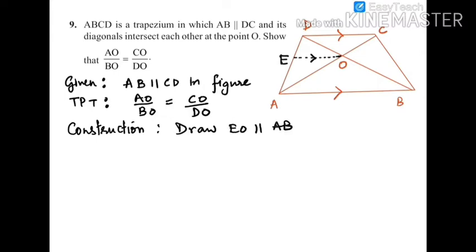So now look at this triangle ADB. In this triangle we have EO parallel to AB. I am going to separate this triangle from the figure so that applying basic proportionality theorem becomes easier.